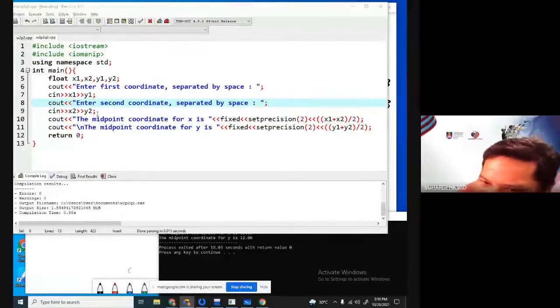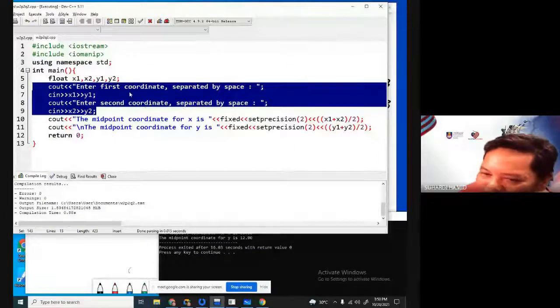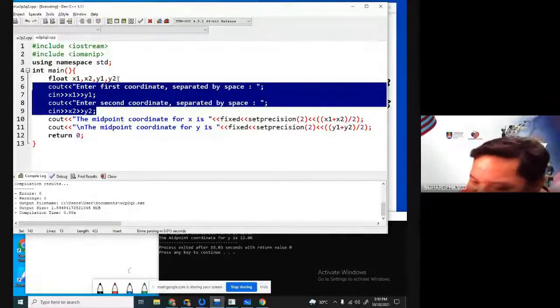Otherwise, of course, this is the input, this is the process, and this is the output. You can do that. But if you were to have the output, then we have to declare other respective variables to cater for the results.